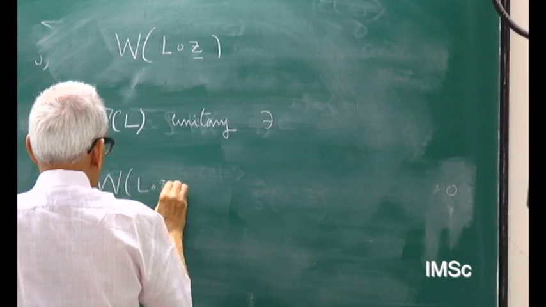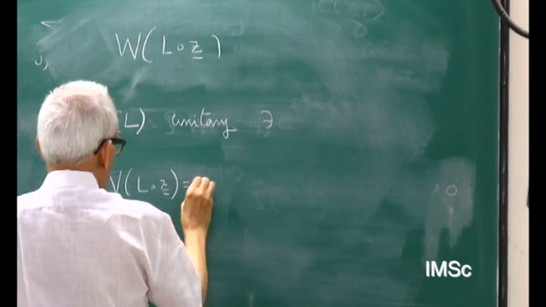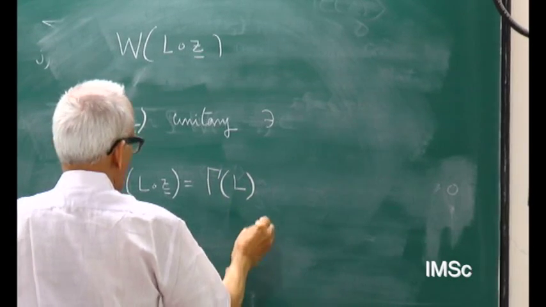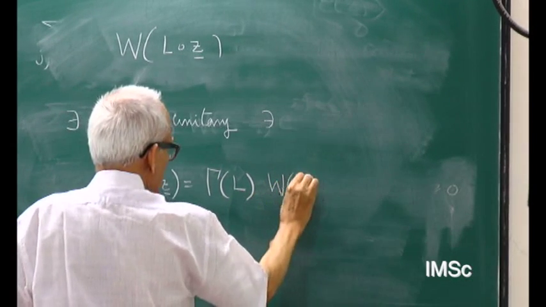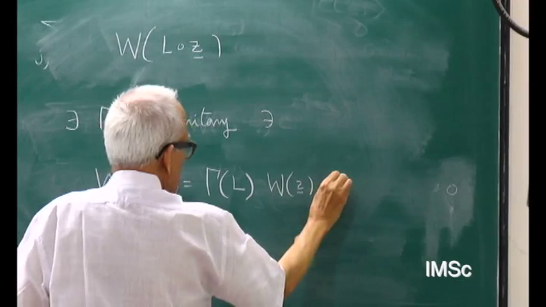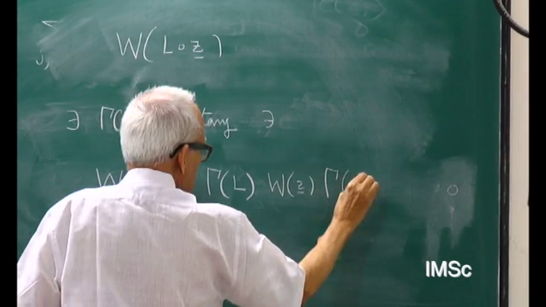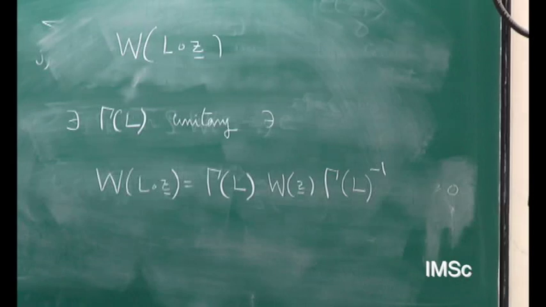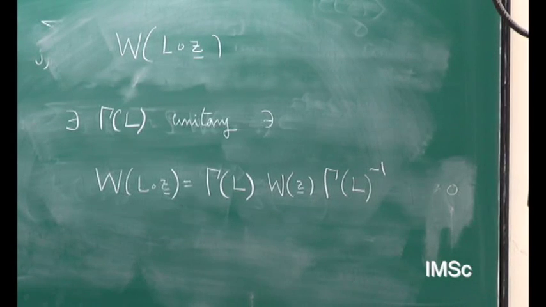W(LZ) equal to gamma L W(Z) gamma L inverse, because the two are equivalent, with gamma L unitary.